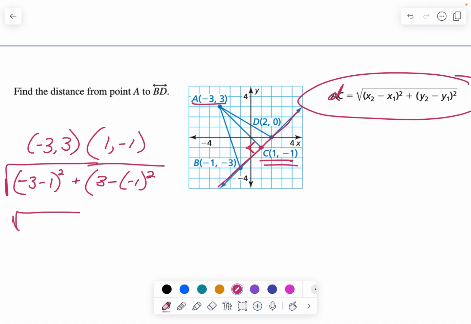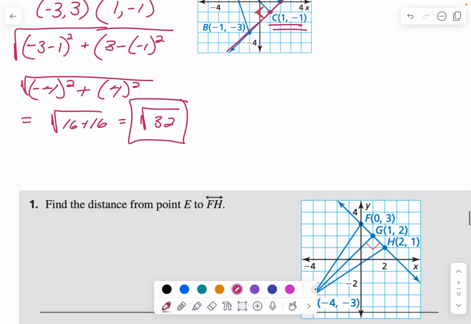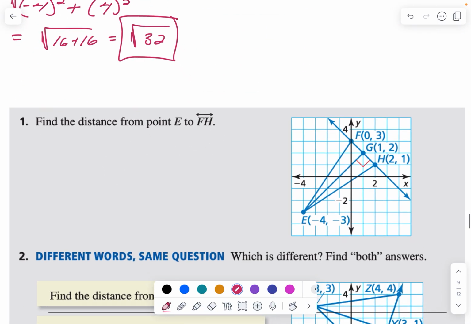So this is going to give us the square root of -4 squared plus 4 squared, which equals the square root of 16 plus 16, which is the square root of 32. And we could just leave it like that. You could do a decimal approximation if you want.